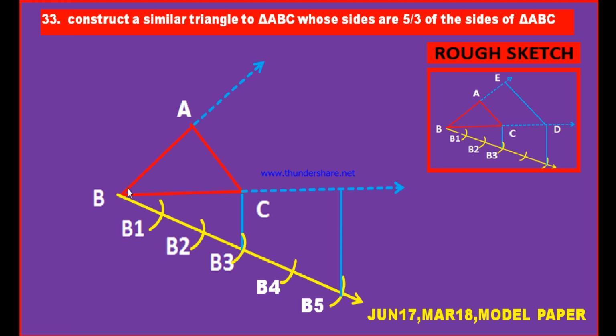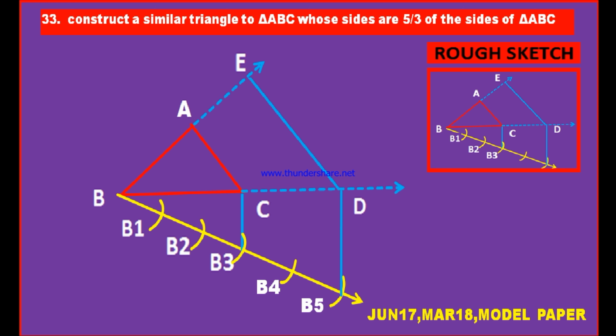And later extend BA to the other side. Now draw a line from this point and parallel to AC. Let us name these 2 points. Let us name this point as D and that point as E. So ABC is the given triangle and EBD is the constructed triangle.